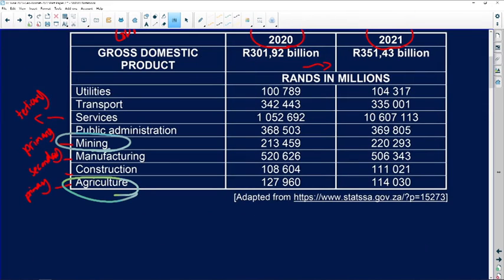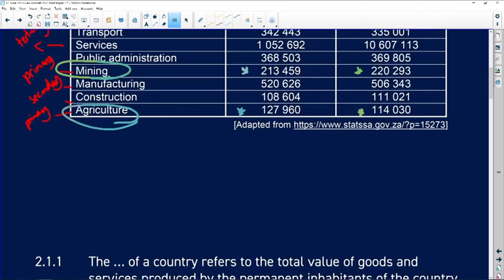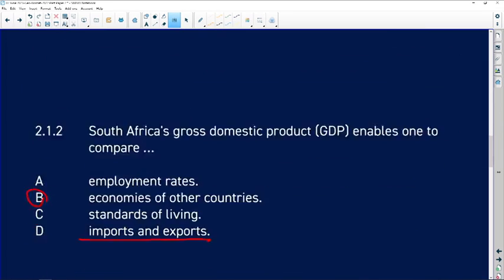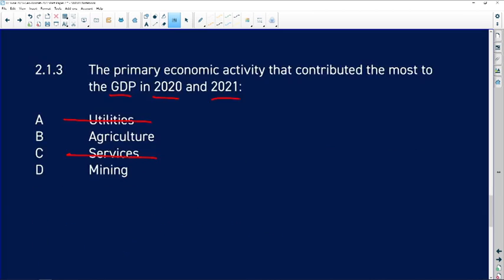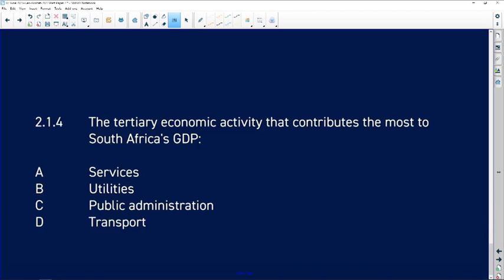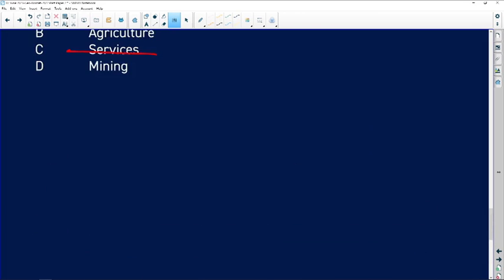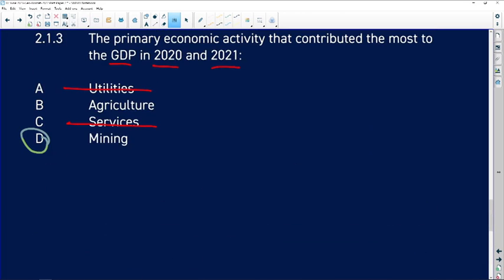Which one added more to the GDP? As you can see, both in 2020 as well as 2021, the mining sector did much better than the agricultural sector. As you can see, only 114 billion in comparison to 220 billion. So our correct answer will be mining. If we go back to the multiple choice questions, the correct answer will be D.